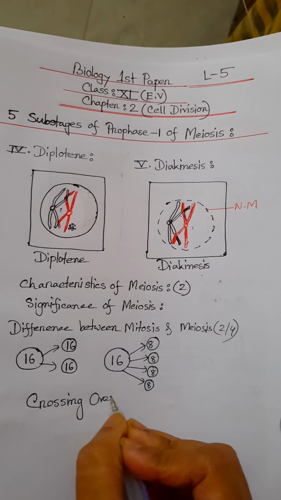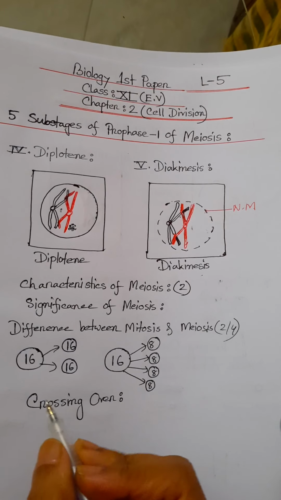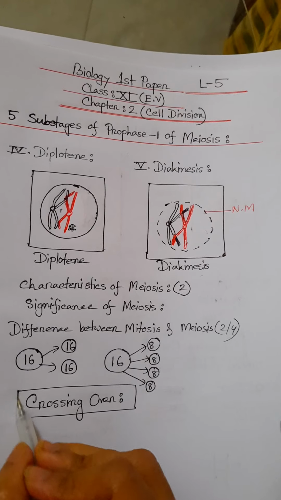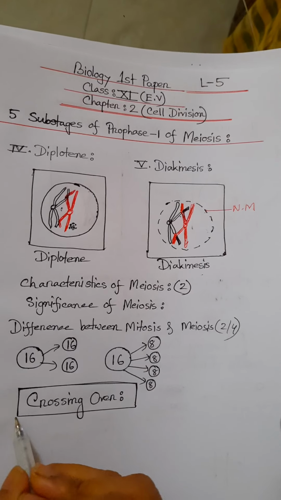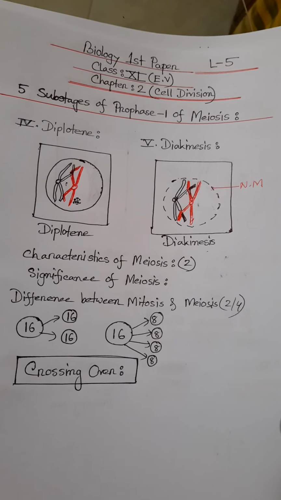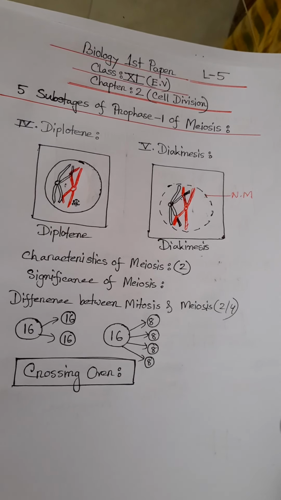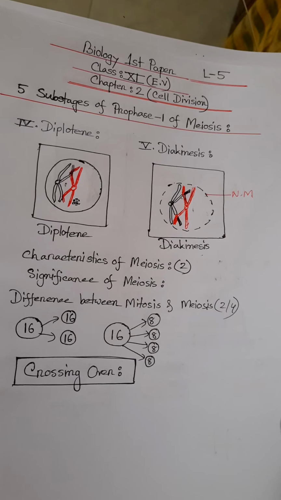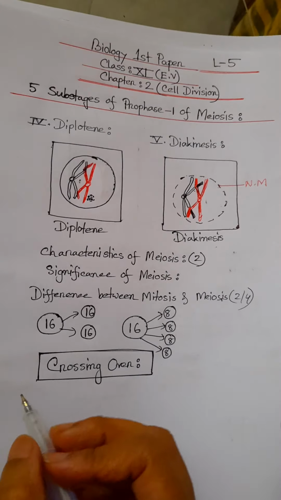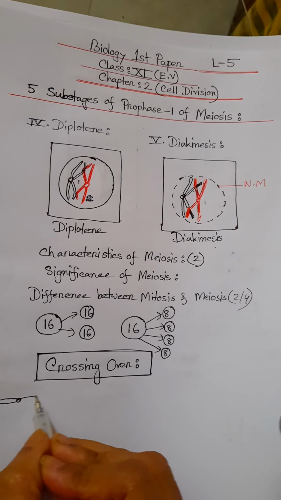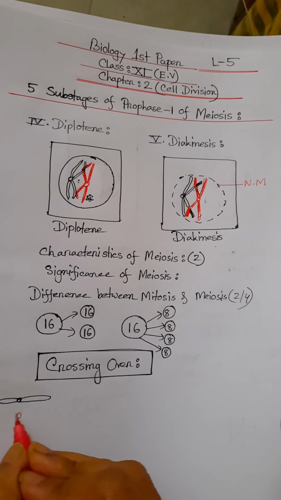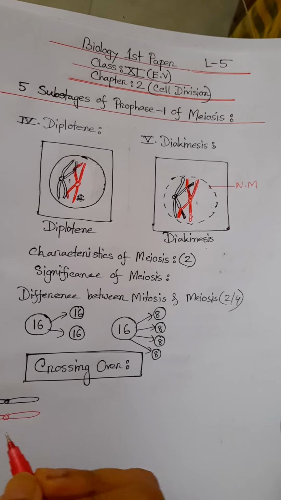Then go to crossing over. The exchange of chromosome parts or chromatid parts between non-sister chromatids that takes place in meiosis cell division is known as crossing over. First you can see two homologous chromosomes, one black and one red.